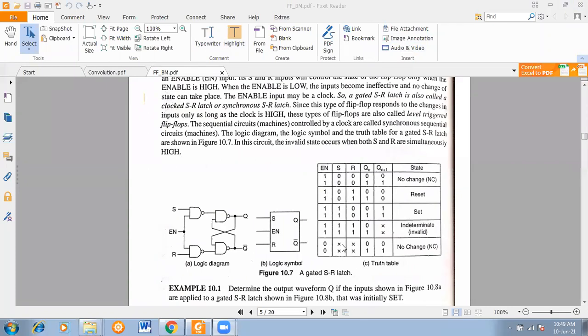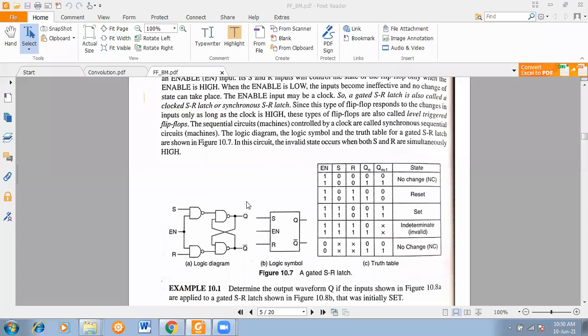When the inputs are present but the clock input is 0, then also no change condition. If the output is 0 in any case, that means S is equal to 0, R is equal to 1, and that condition is also called the reset state. If S is equal to 1, R is equal to 0, then that case is called the set state. So keeping in mind all these concepts, we'll move forward.